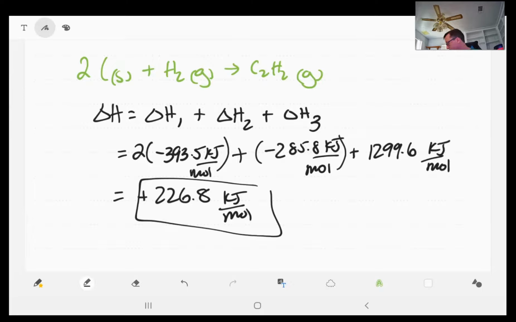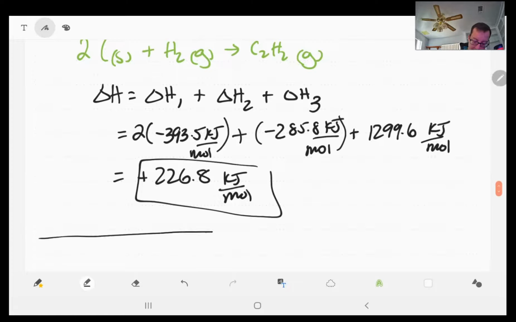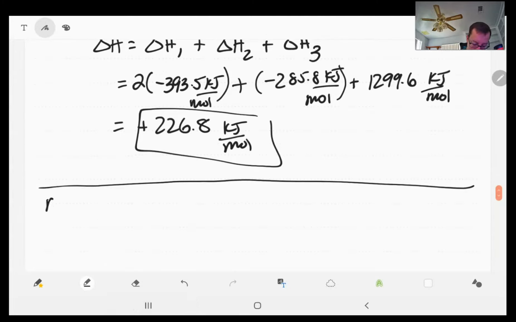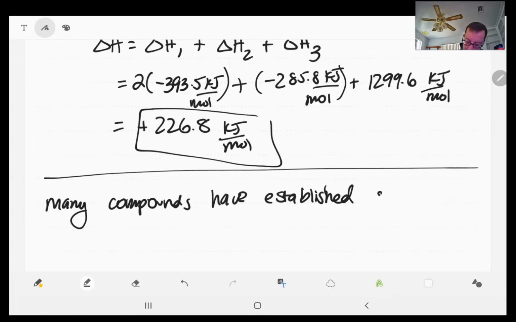So we're going to do now the next thing, which is more of Hess's law, but in a special case. We're going to see that many compounds have established what are called standard heats of formation.